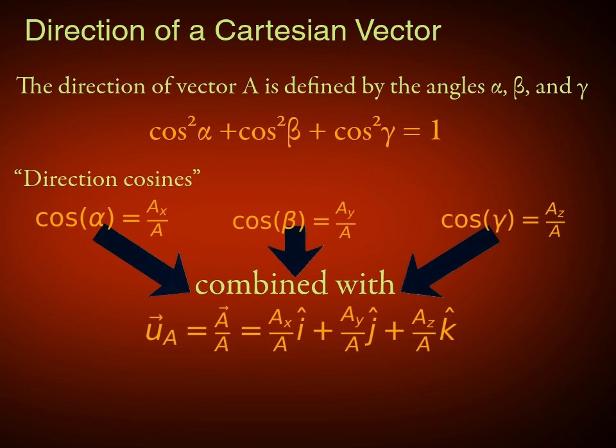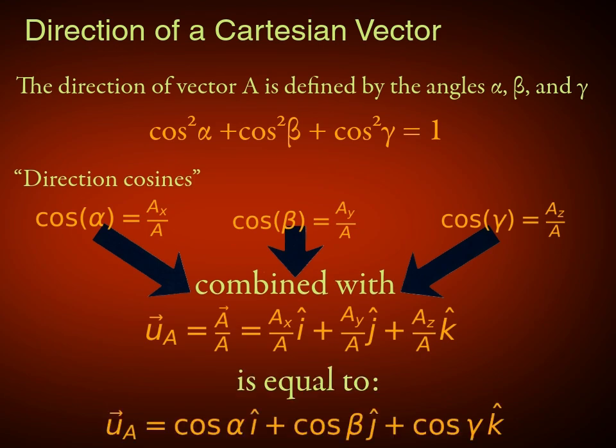If you divide each one of those by the magnitude of the vector, in this case A, then you can substitute the trigonometric functions that represent the direction cosines, and you would therefore get the unit vector, which is equal to the cosine of alpha times i caret plus the cosine of beta times j caret plus the cosine of gamma times k caret.